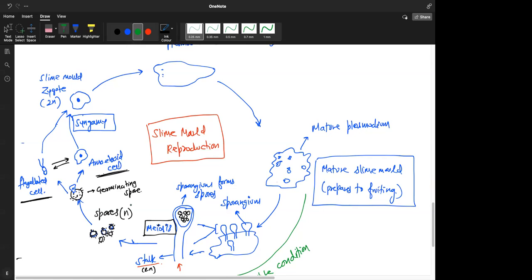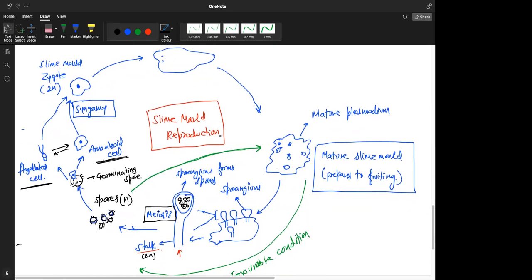Right from the spore stage, they go directly into this stage. You understand? They skip the syngamy part completely. Do you understand? So this is how a slime mold reproduces. Is it clear?